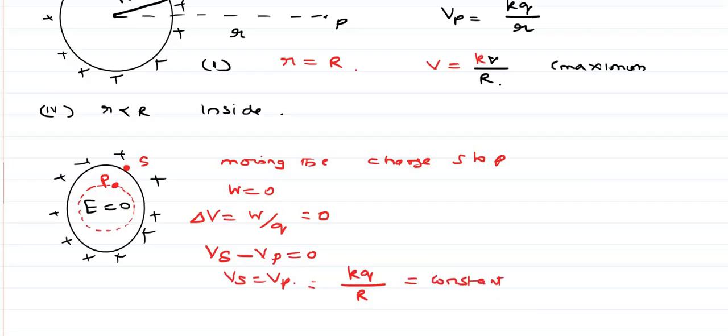So potential V is constant throughout the shell, from the center to the surface. Is it clear? Any doubt? Till here, any doubt you can tell me.